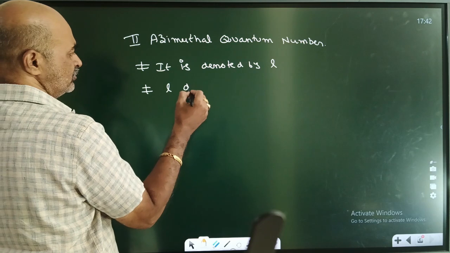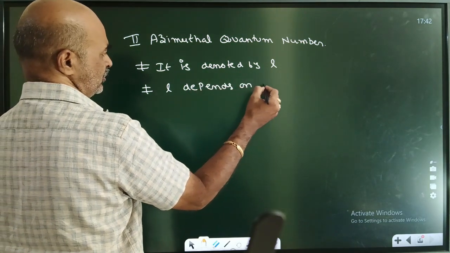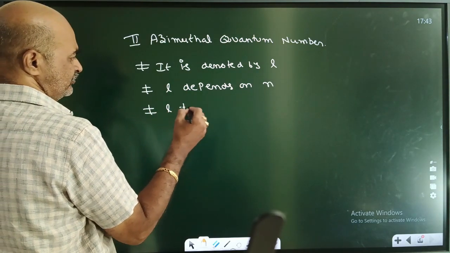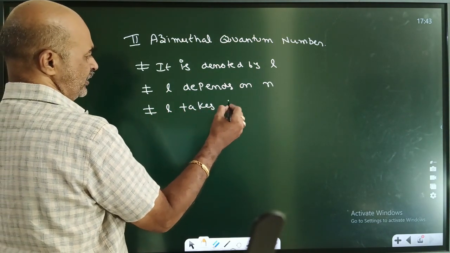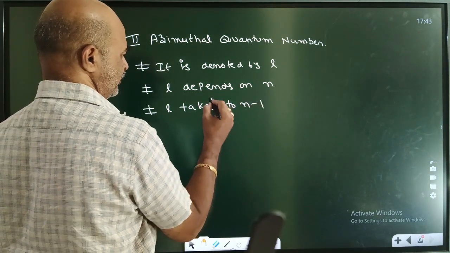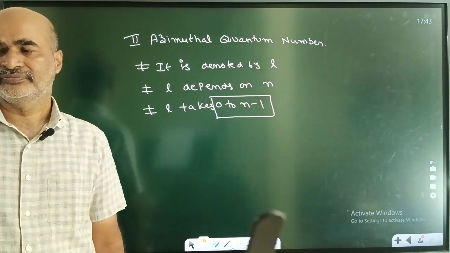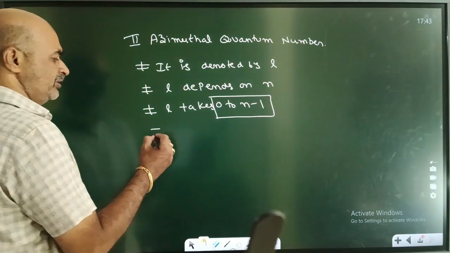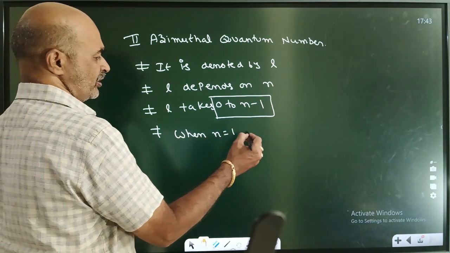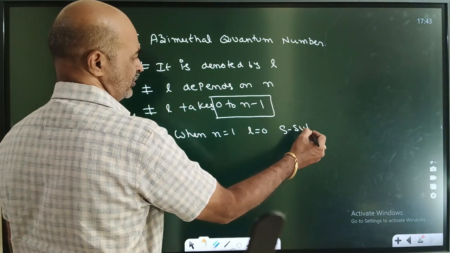L depends on n. L takes 0 to n minus 1. When n is equal to 1, L is equal to 0, s subshell.